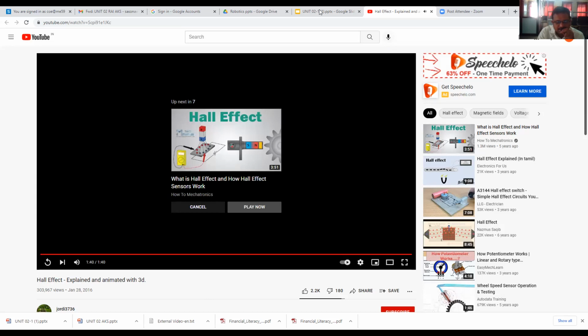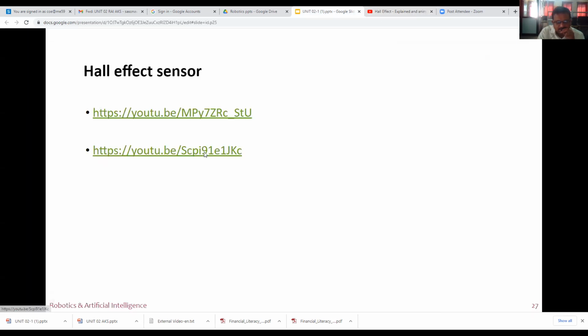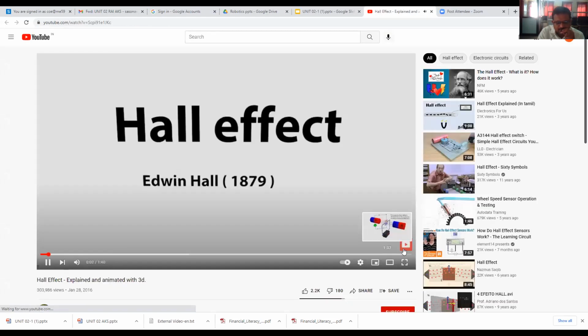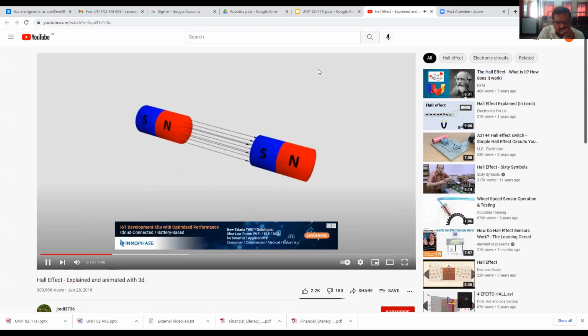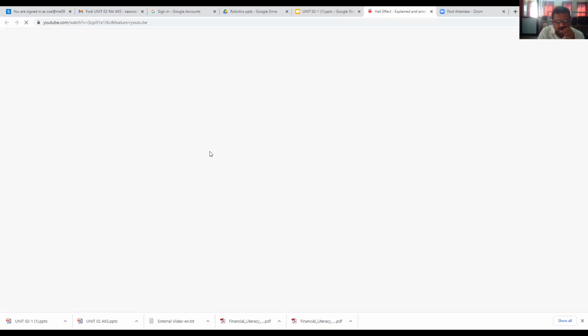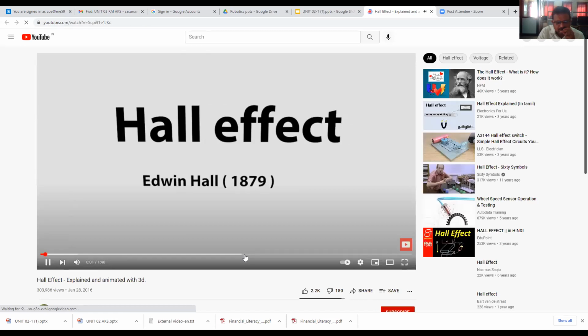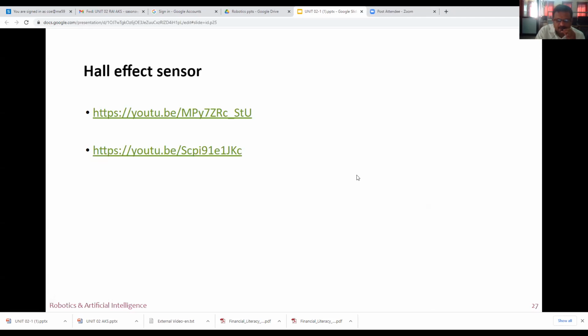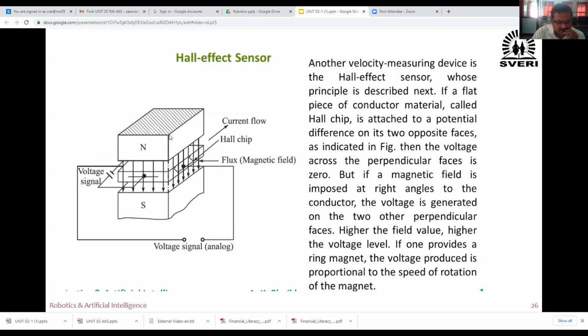Therefore, this is nothing but the Hall effect sensor, in which the Hall chip is placed between the two magnets, and magnetic flux is flowing from north to south.